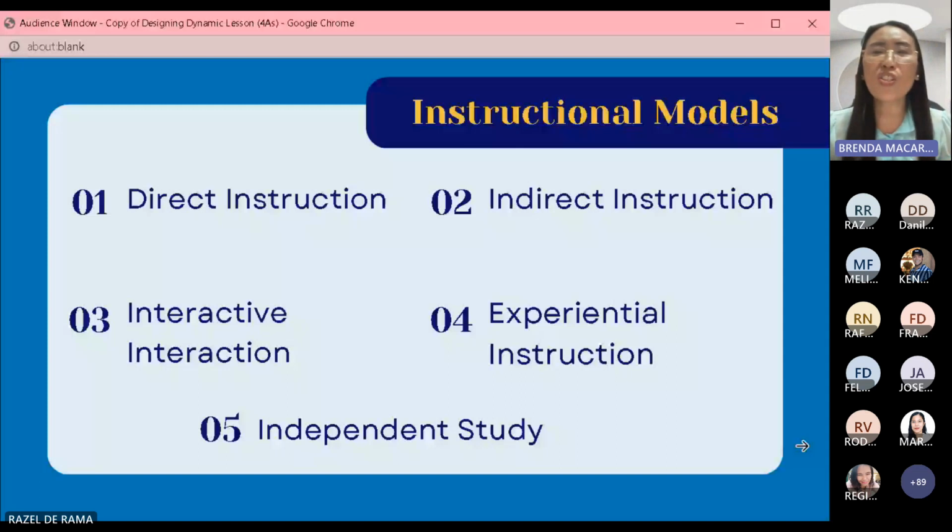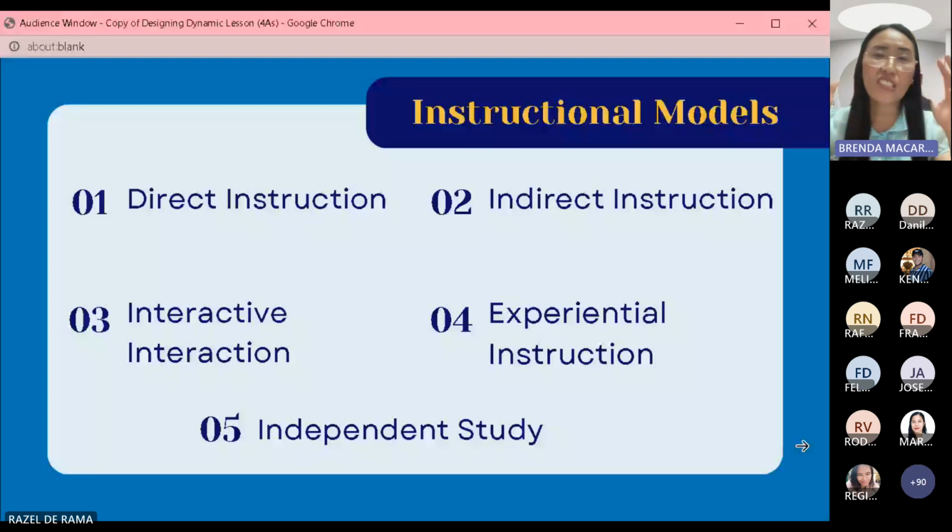So indirect instruction, it includes reflective discussion, yung concept formation, problem solving, yung mga guided inquiry, while yung interactive interaction, students learn through social interaction, yung mga group activities. Yung independent learning activities naman, yan, kaya nga independent, self-guided process. Okay? Wherein the learner works to expand their knowledge and their skills.